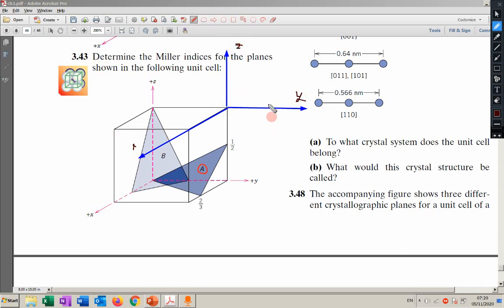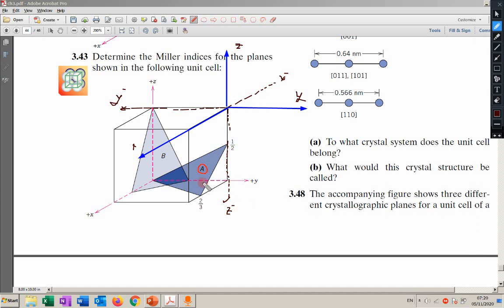Now remember, when we draw the axes x, y, z, imagine there are also negative parts. This is y negative, and this is x negative, and this is z negative.